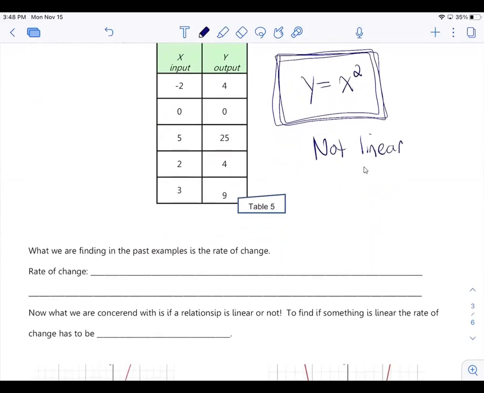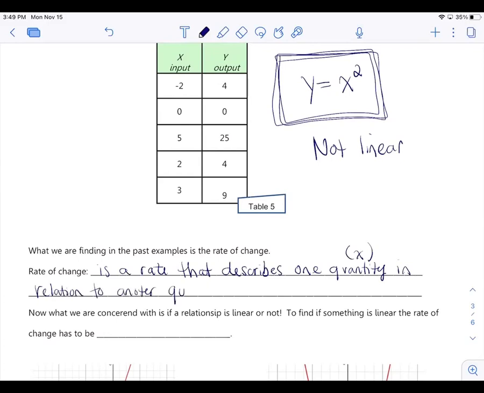So when we find this pattern, this is known as a rate of change. And the definition I'm going to give is a little different than your text because I think it's a little bit more understandable. So a rate of change is a rate that describes one quantity, so like our x's, in relation to another quantity.